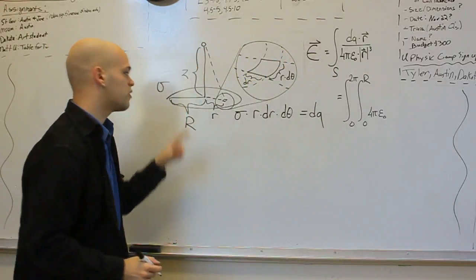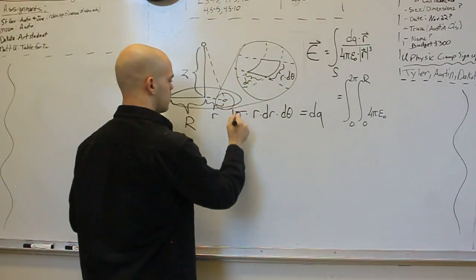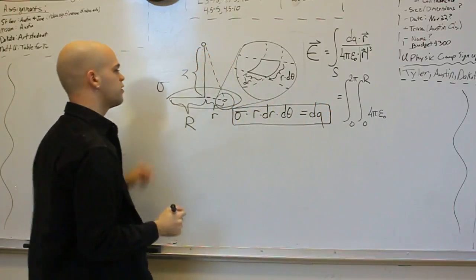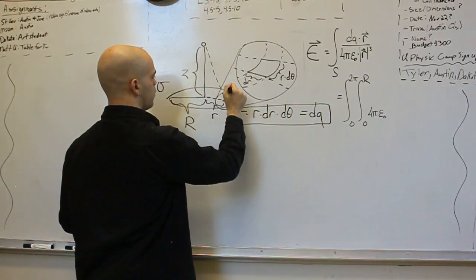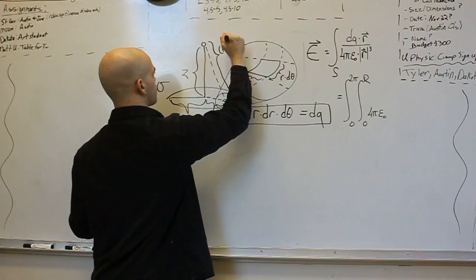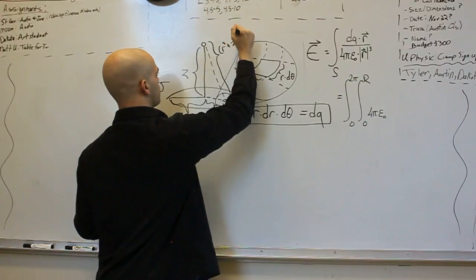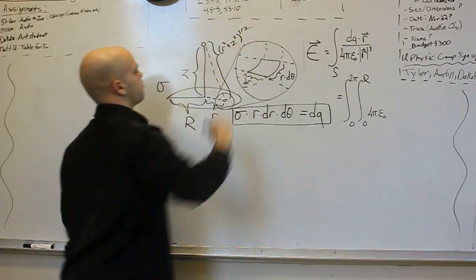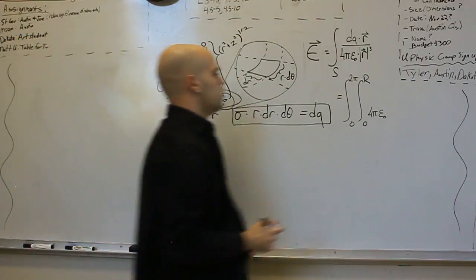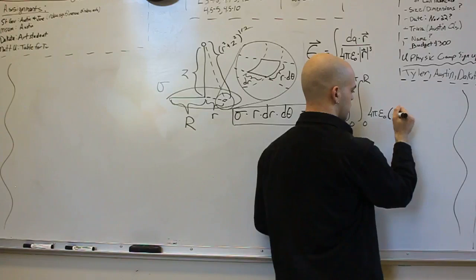By Pythagoras' theorem, let me box this off so it's separate from everything else. By Pythagoras' theorem, we know what it is. It's r squared plus z squared to the 1/2. That's that distance. So, let's put that down there.